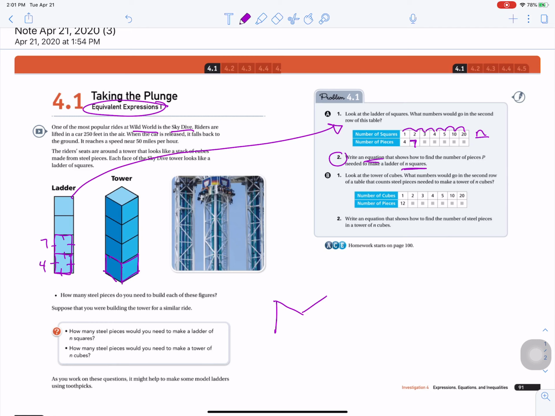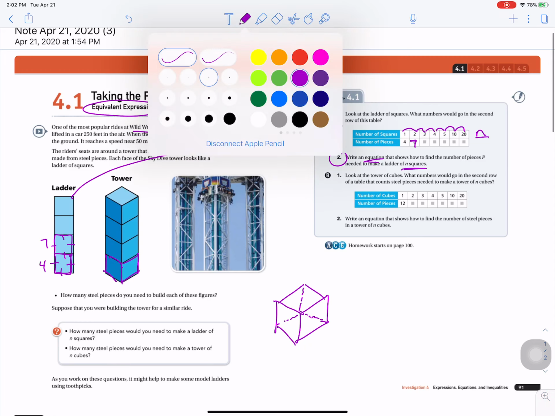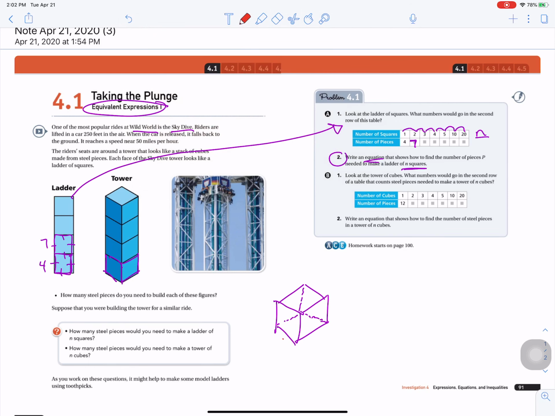So if I was to make that cube, which you can't see the back of, I'll change colors: 1, 2, 3, 4, 5, 6, 7, 8, 9, 10, 11, and 12. All right, so 12, and that's why there's 12.